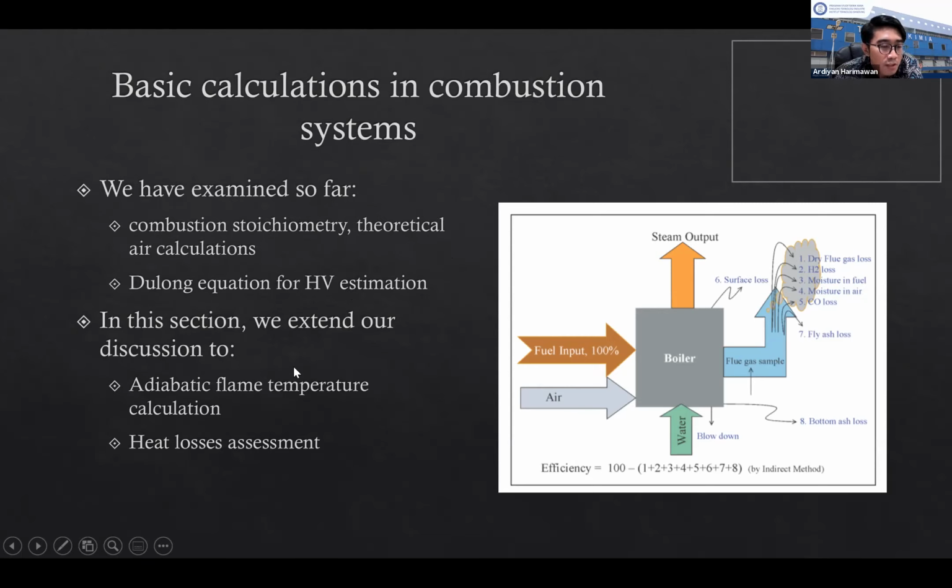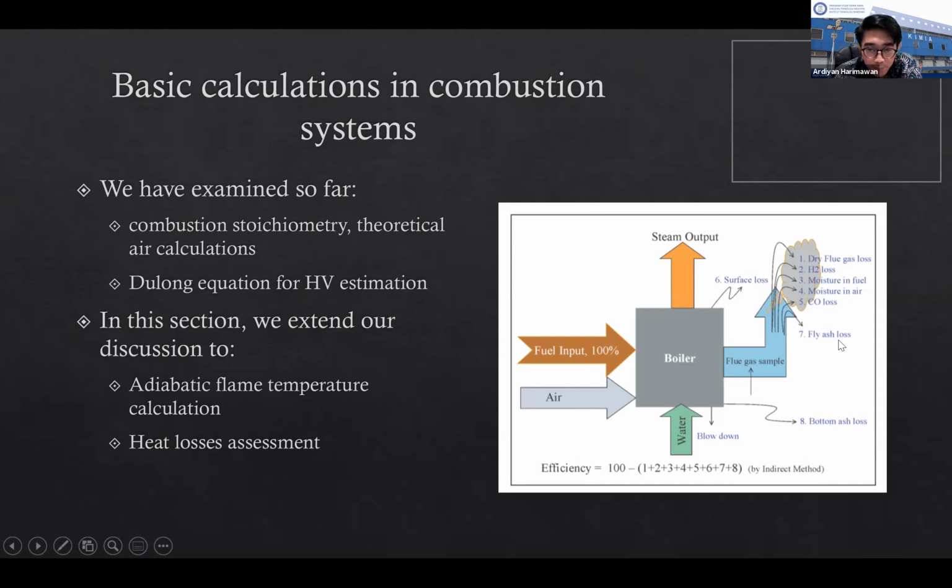So later in this chapter, we will extend our discussion to adiabatic flame temperature calculation. Next week, Pak Miki will teach you the calculation of energy balance in combustion, and we also learn about heat loss assessment.